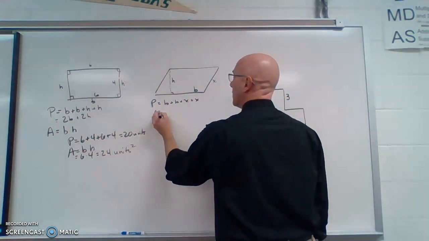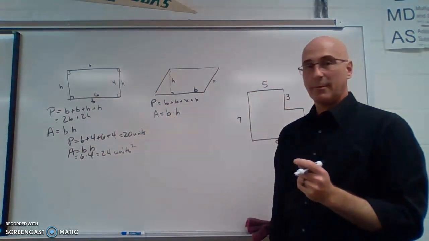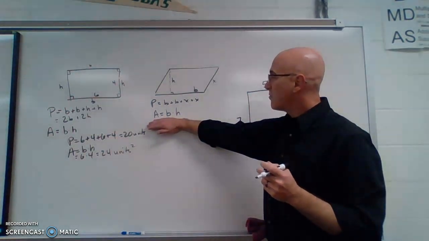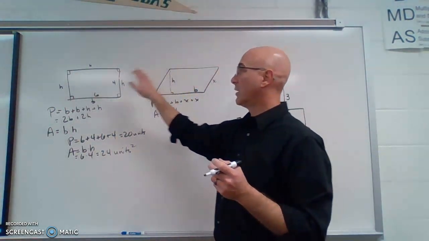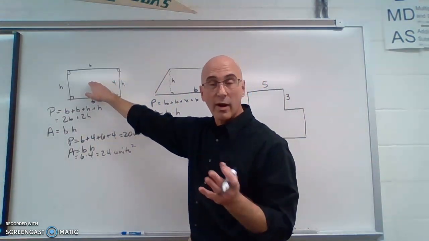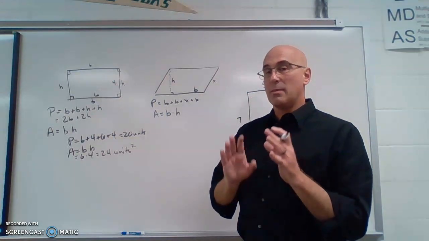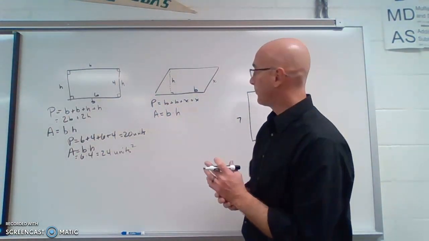The area is still base times height. So we really only have to memorize one formula for the area of a parallelogram or rectangle or square or rhombus. Those are all the same formulas for the area and even for the perimeter.